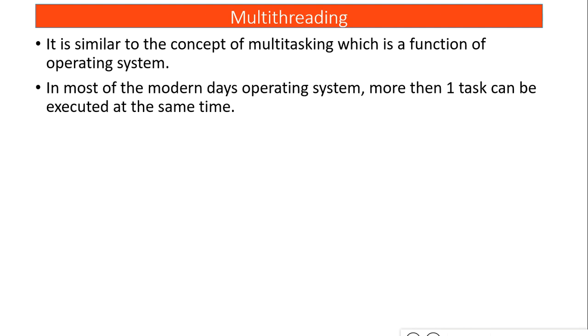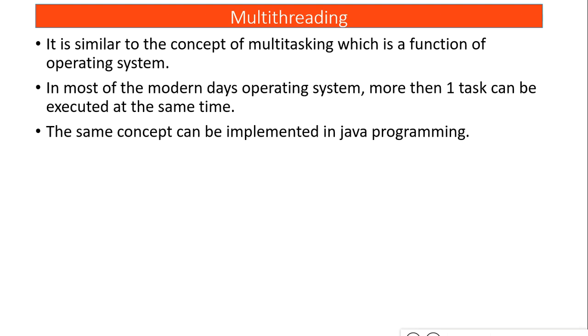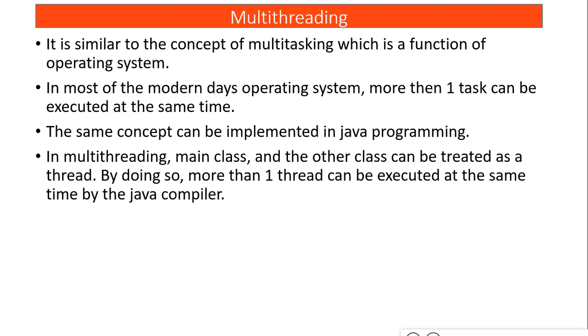It is just the multitasking of an operating system, but here we execute more than one thread at the same time. In multi-threading, the main class and other classes can be treated as threads, so more than one thread can be executed at a time by the Java compiler.